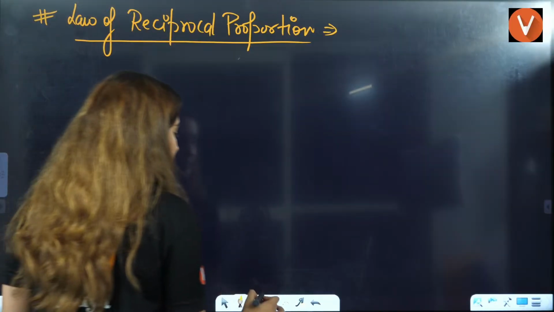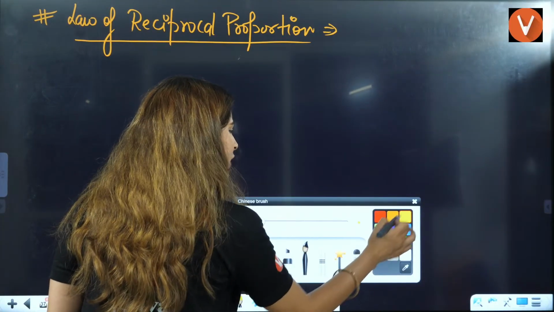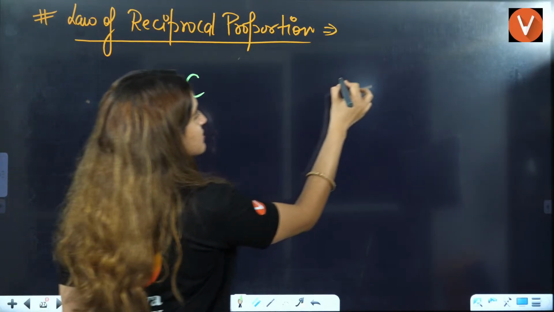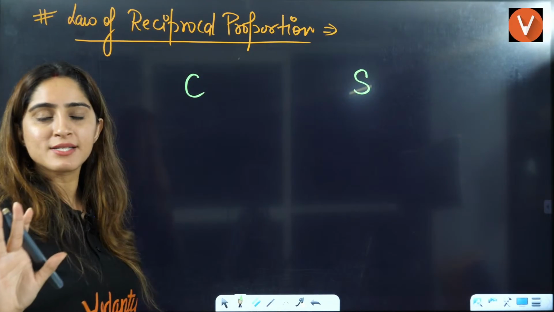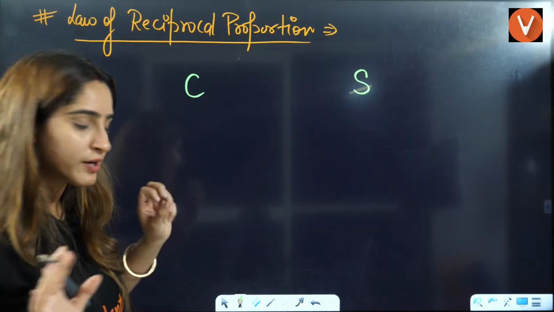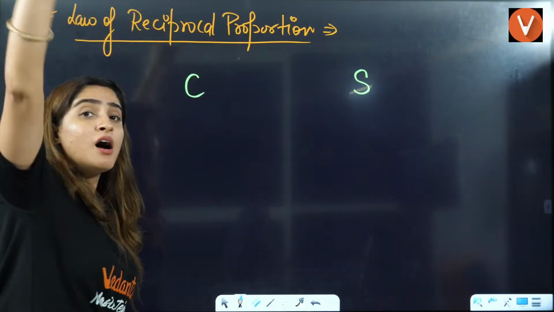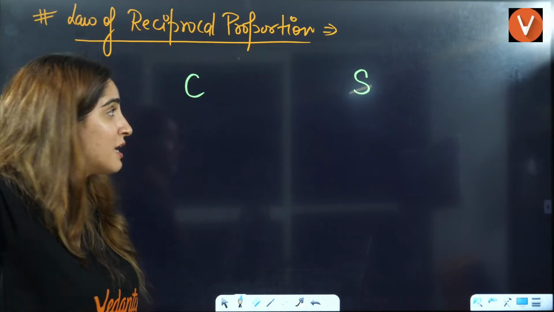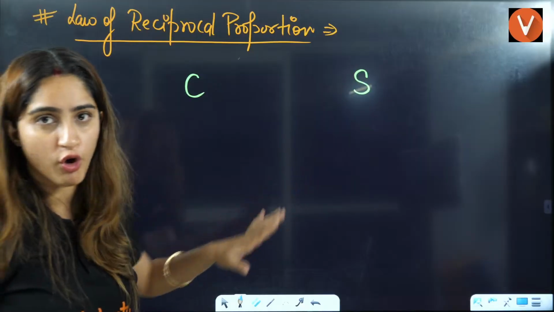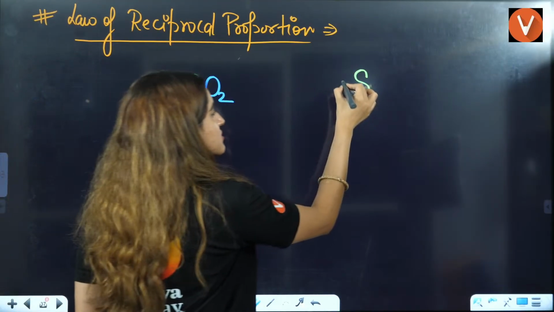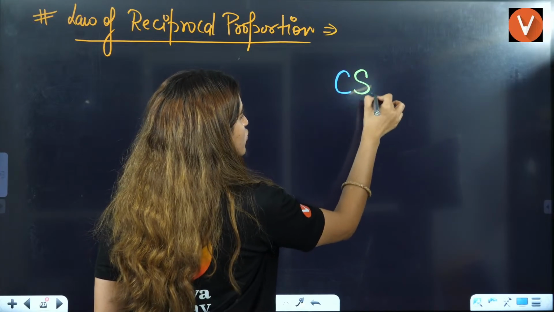So the example is that we have two elements. One is carbon, other is sulfur. Now, we are saying that there is some third element that is combining with both of them. So let's say it is oxygen, so it is CO2 and this is called CS2.